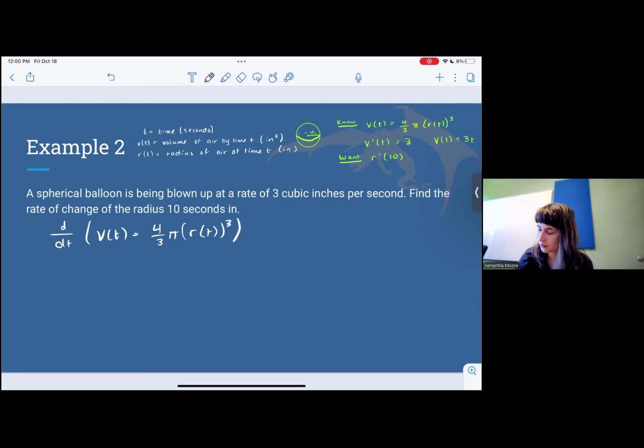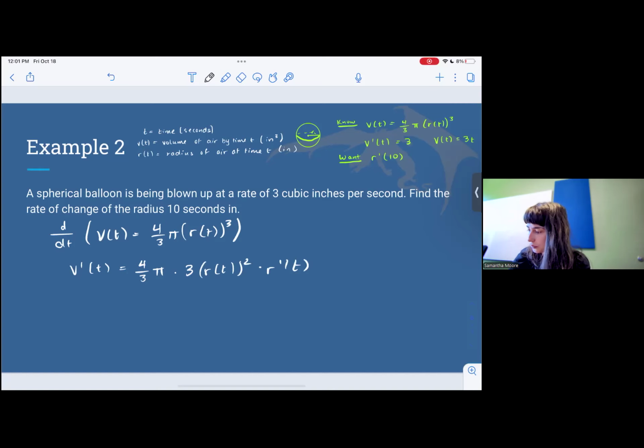When I take the t derivative on the left-hand side, I just get V prime of t. And then on the right-hand side, my coefficients stay, and then I have to do chain rule on this r(t) cubed. So I get 3 r(t) squared times r prime of t via the chain rule, where my inside function was r(t) and my outside function was t cubed.